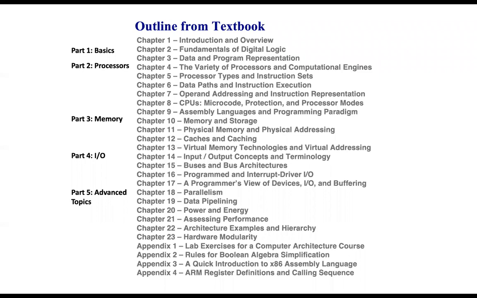And I would point out that there's really 3 main sections that we'll be focusing on. We'll be focusing on processors, and so that's part 2. Memory, that would be the second part, and then I/O, input and output.